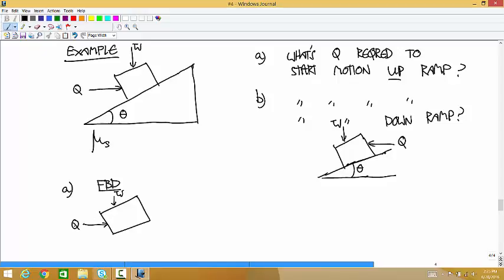There's a Q acting to the right. There's a normal force. And which way is the friction force acting? It's fighting against this Q, so it's acting down the ramp. And that has a value of mu sub s times N. And we're going to use a coordinate system that's rotated with the ramp.